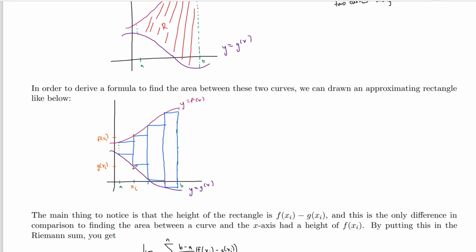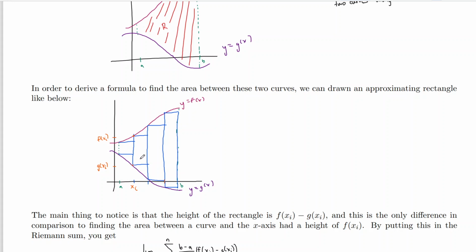The main thing is that these rectangles still have the same base, b minus a over n, for however many rectangles you choose. And with the Riemann sum, we take the limit as n goes to infinity to get the exact area. Just for visual purposes, I only drew 4.